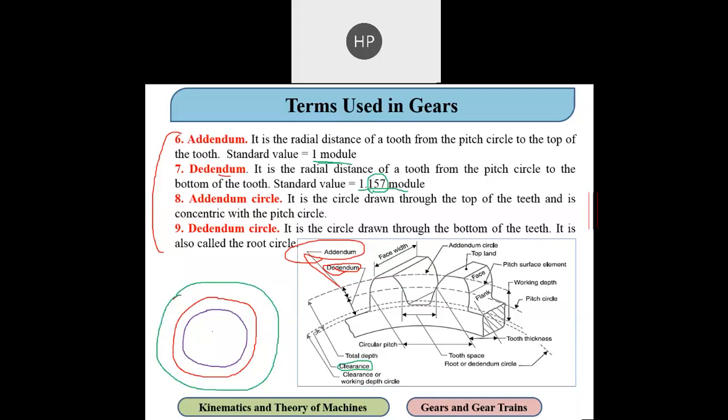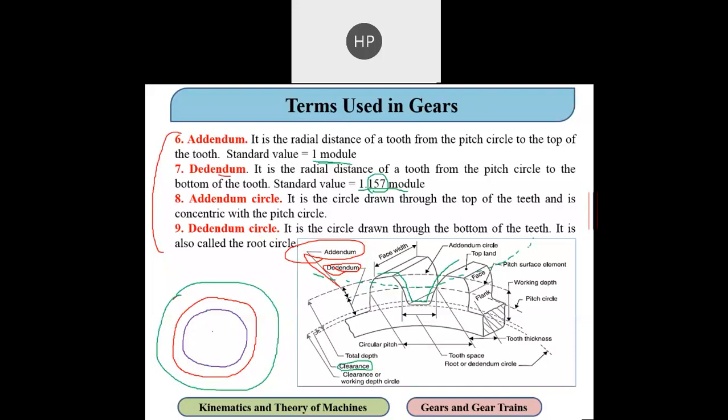So suppose this is gear 1, simple, and now I will draw gear 2 over here, and this one is the pitch circle of gear 2, like this. So now what will be the addendum of gear 2?